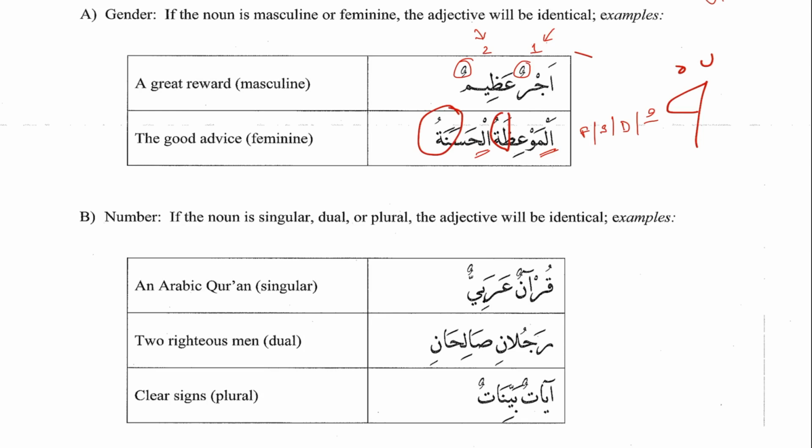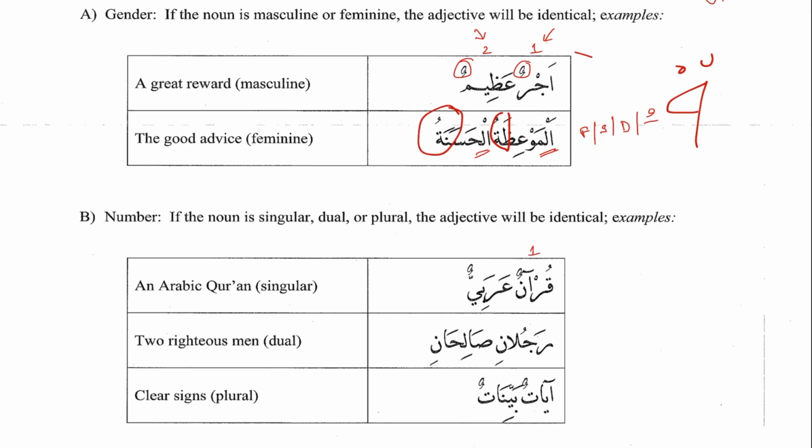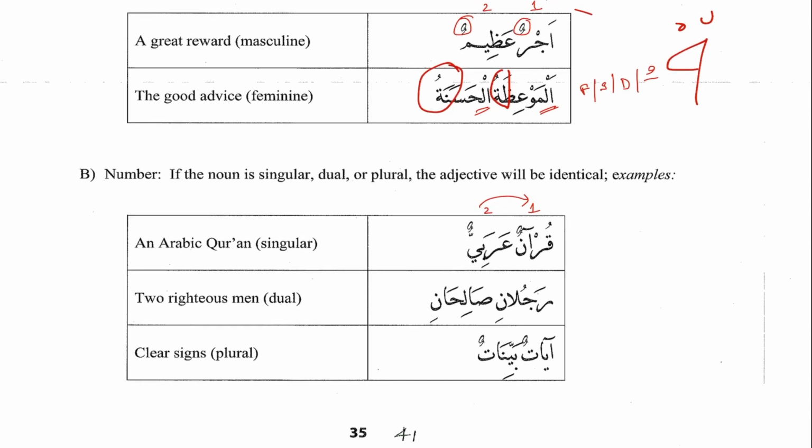So Arabiyyun is the sifat of the ism Quran, right? So this is the sifat which describes the first noun. So this is a sifat wal mausuf combination, because we can look, they are all the same, right? Quranun Arabiyyun, and they are singular in this case.